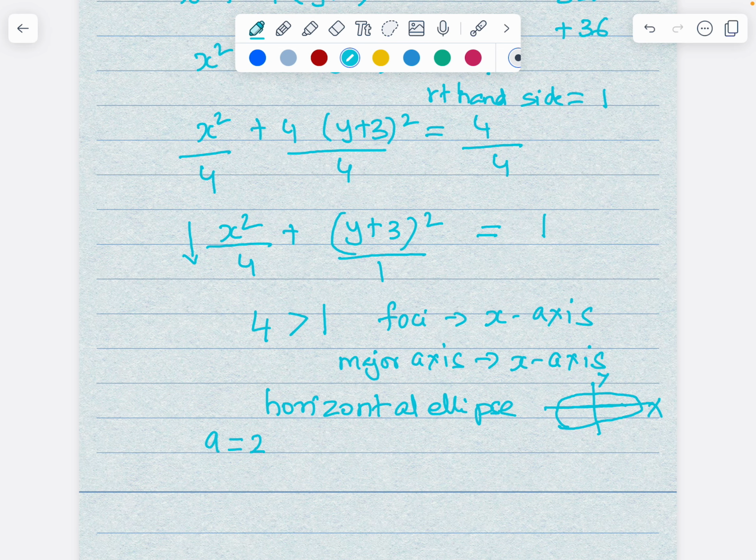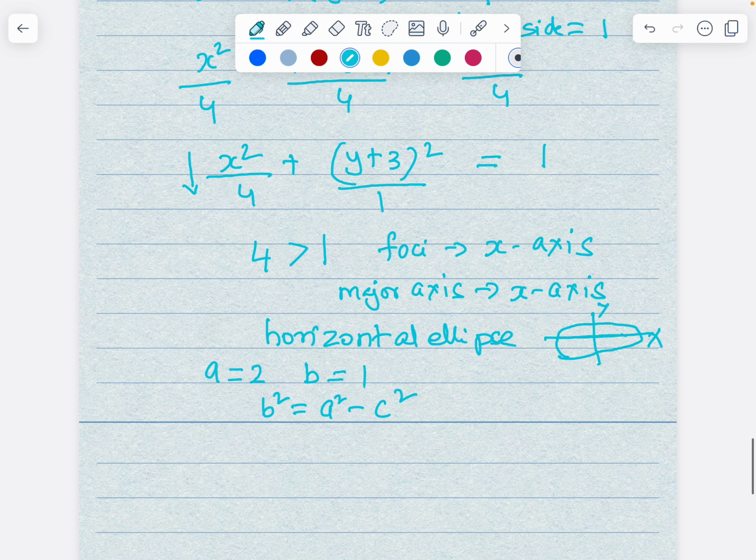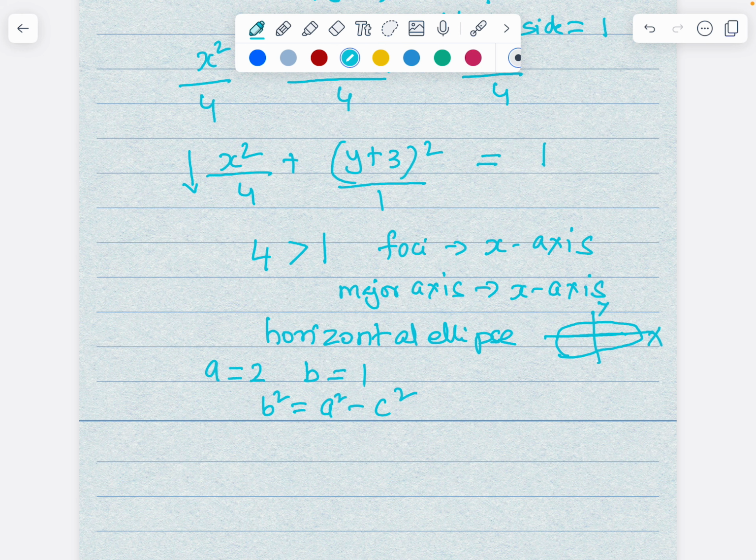So therefore your a value is going to be 2 and your b value is going to be 1. So therefore your c square is what? b square is a square minus c square. So therefore 1 square is 4 minus c square, or c square is 3, which implies c is root 3.